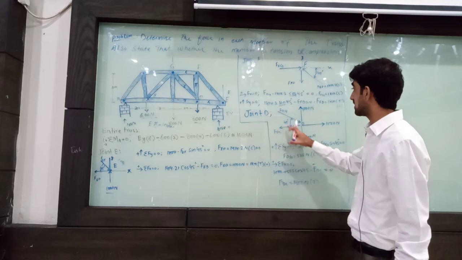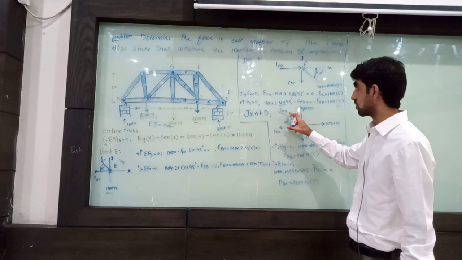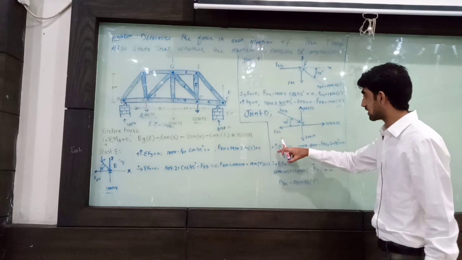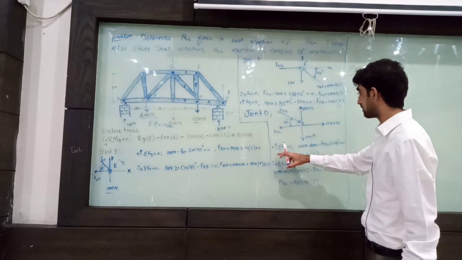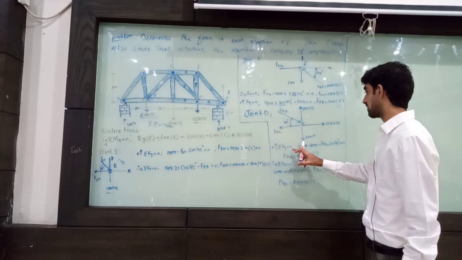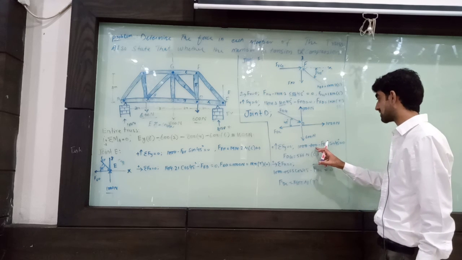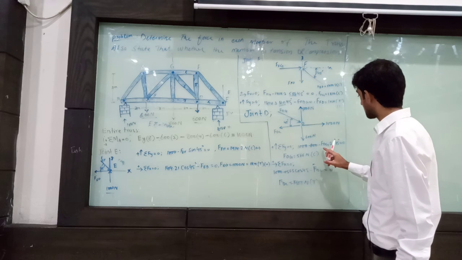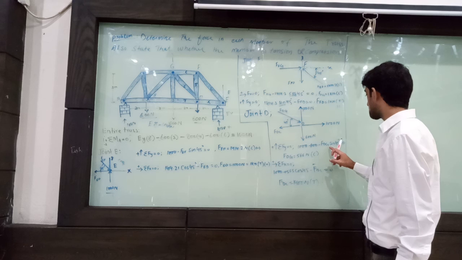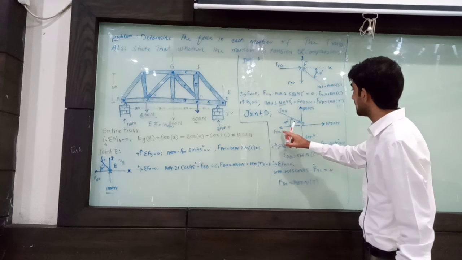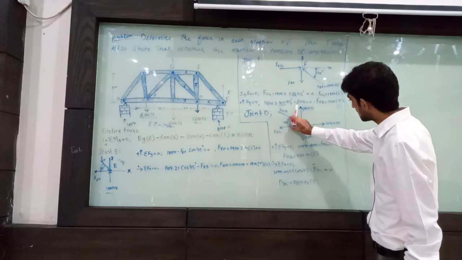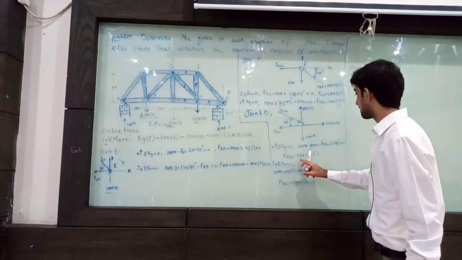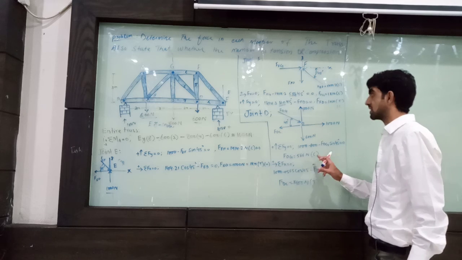So now we find FDG. First of all, we consider vertical is positive. Summation Fy is equal to 0. 1000 minus 600 minus FDG sin 45 is equal to 0. So it can be solved easily. 566 Newton. So that is compression.